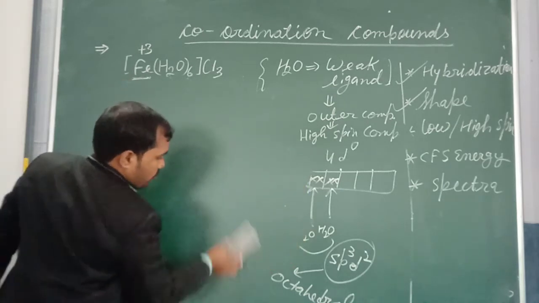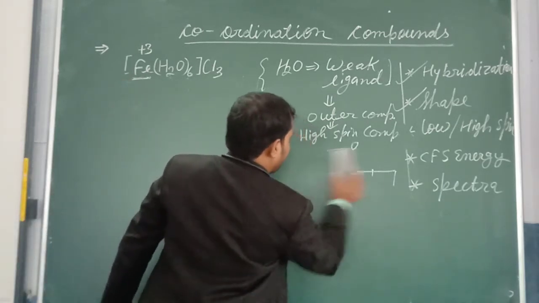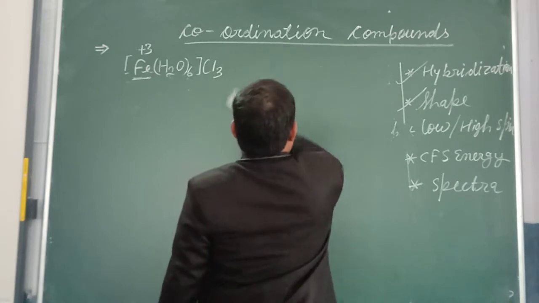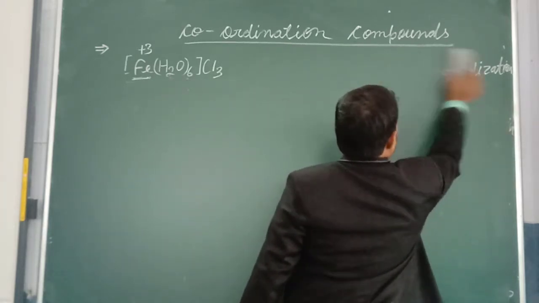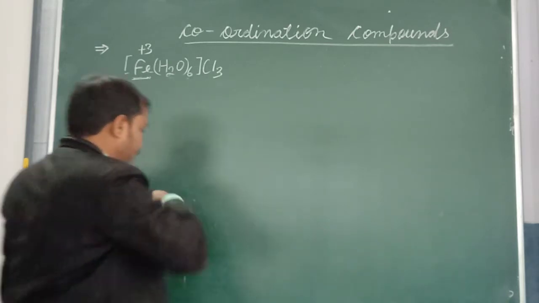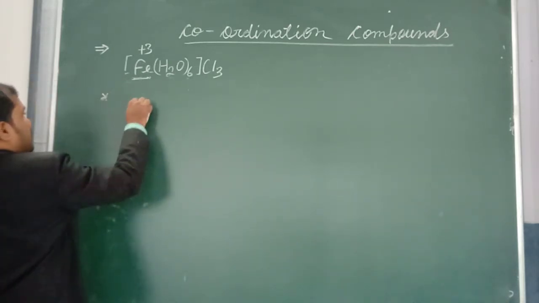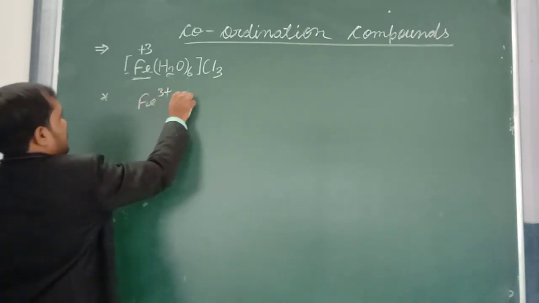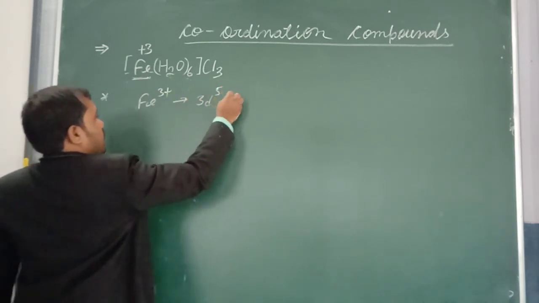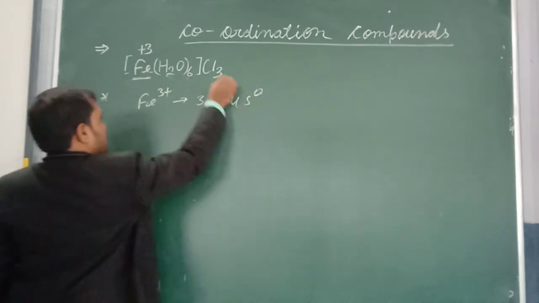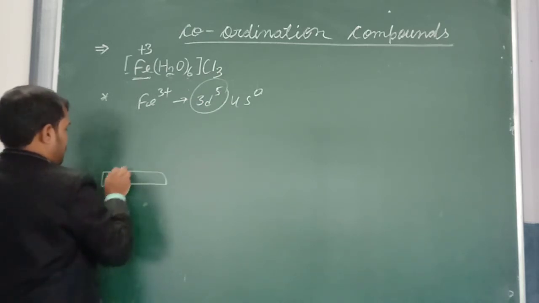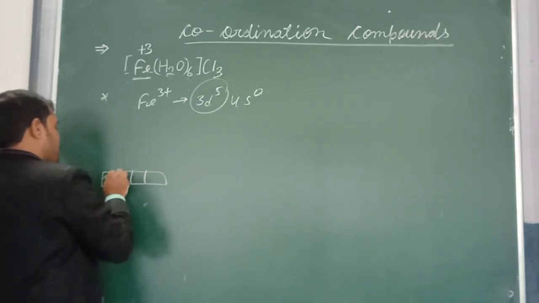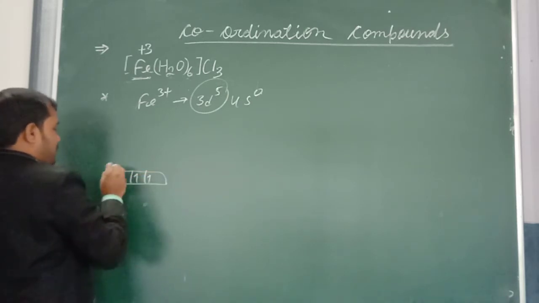And I told you to write all these things. See, for Fe3+, 3d5 4s0. So 3d5, my dear, in the d orbital, 1, 2, 3, 4, 5 electrons are present.